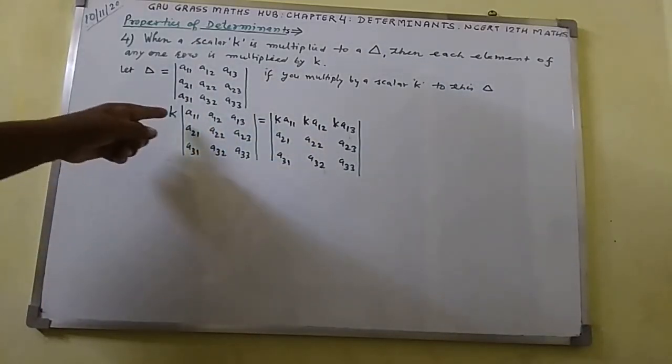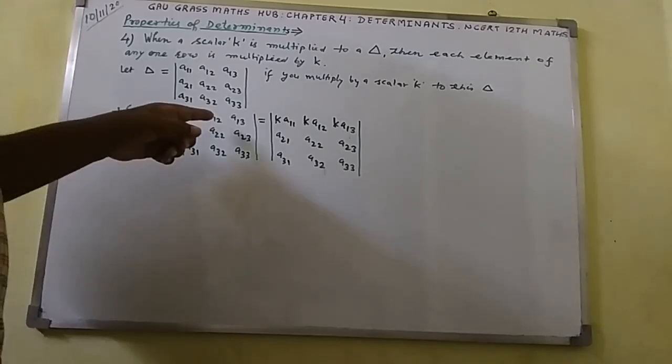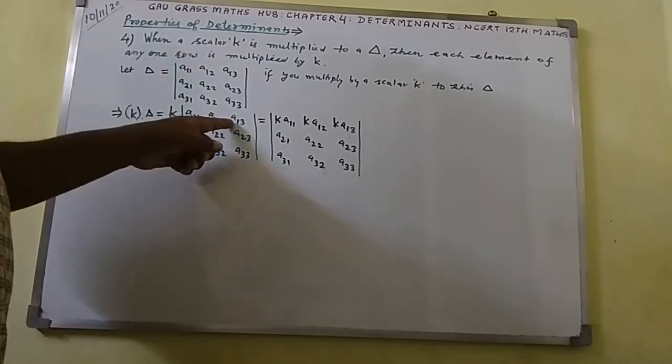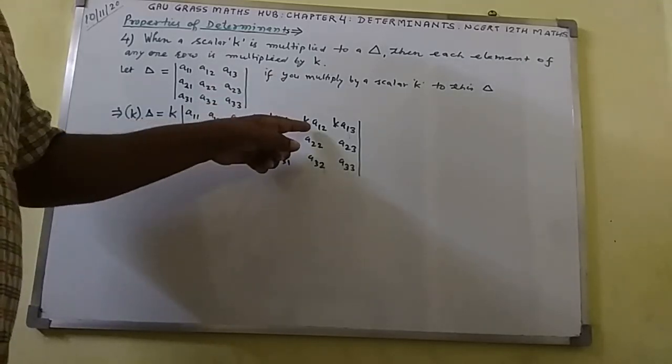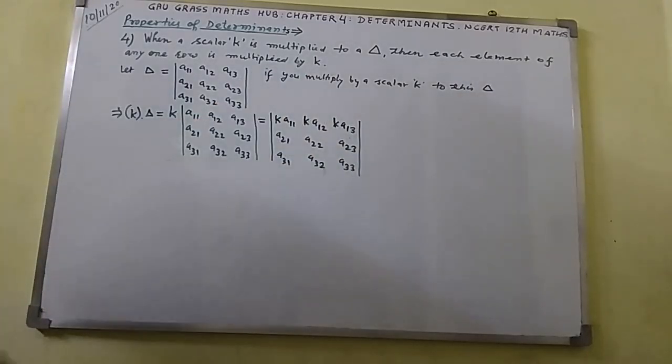So here you can see k is multiplied to A11, k is multiplied to A12, k is multiplied to A13. So here you can see k A11, k A12, k A13.